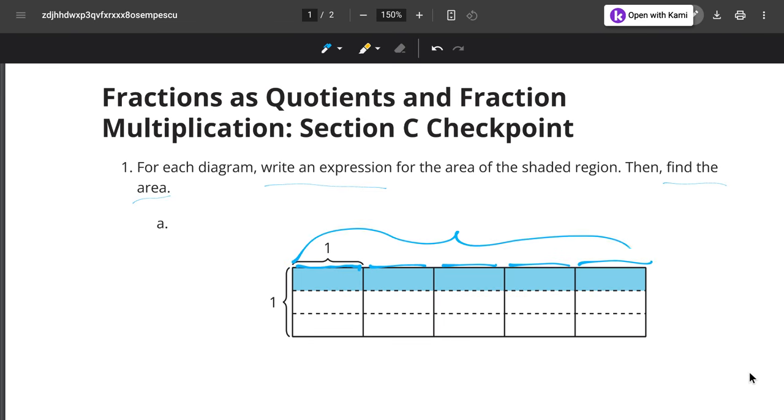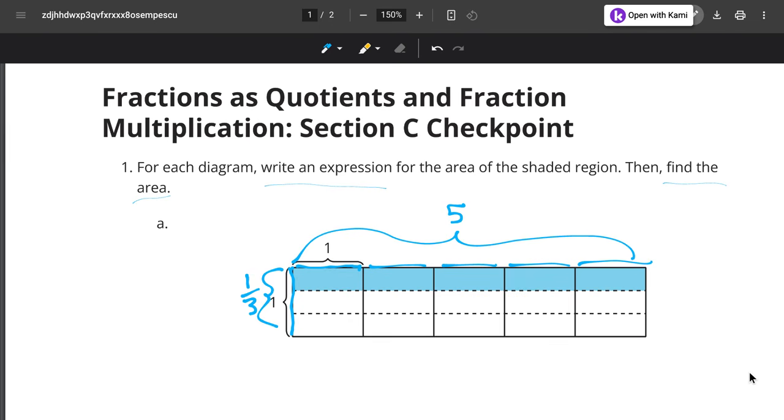So in the columns, I see 5 wholes. Now let's ask ourselves, in the rows, what do we see? If this line right here represents 1, as we're being told, we actually have 1/3, because we have one row out of 3 rows that have shading. So in the rows, we're seeing 1/3.